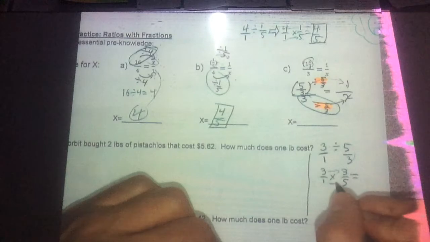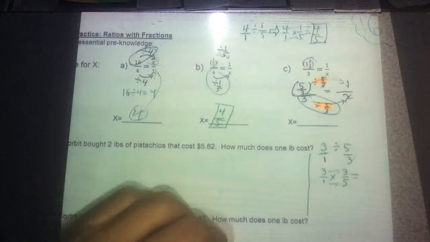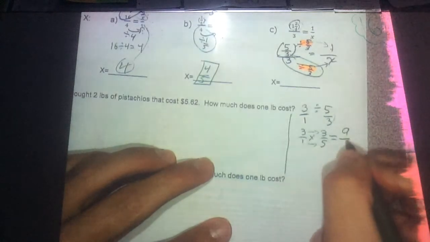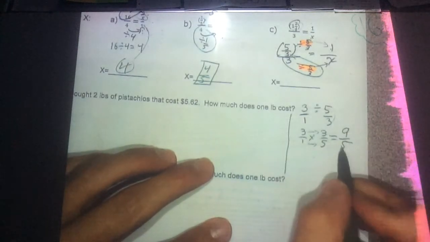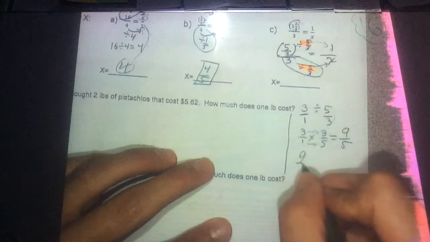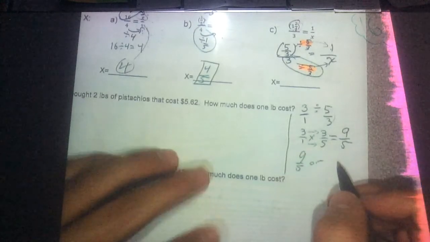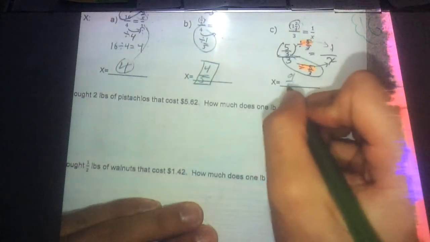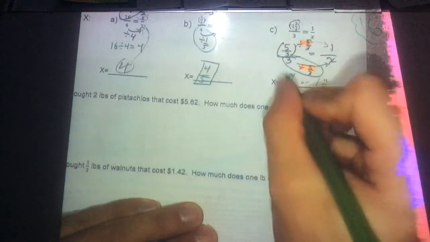And now we multiply straight across. Can you see that? I believe you can. 3 times 3 is 9, and 1 times 5 is 5. So the answer is 9 over 5, or if we want to turn it back into a mixed number, it's going to be 1 and 4/5. 9 over 5, or 1 and 4/5.